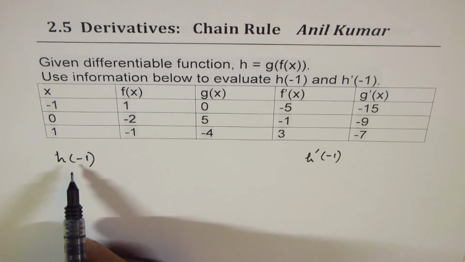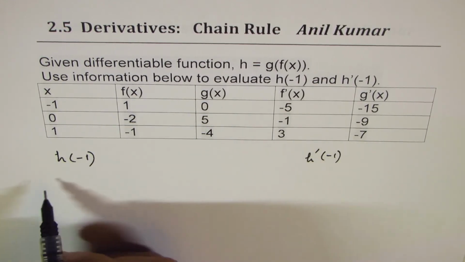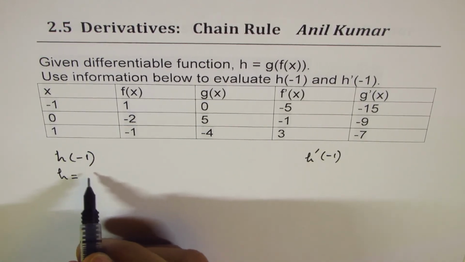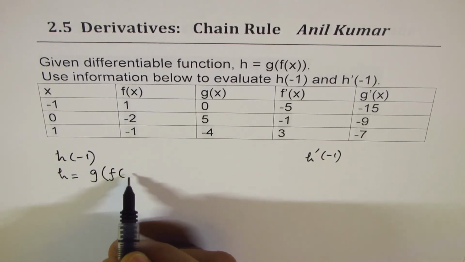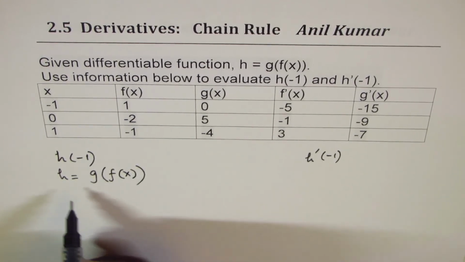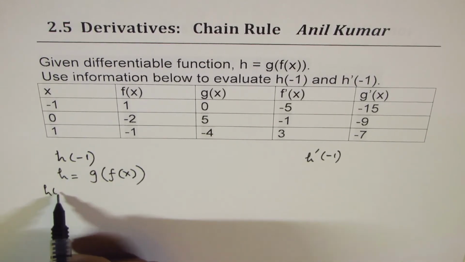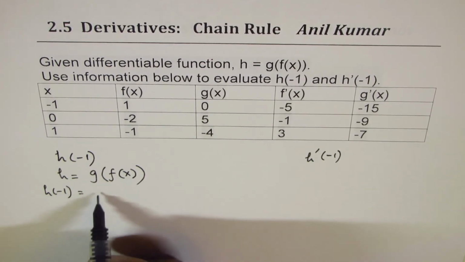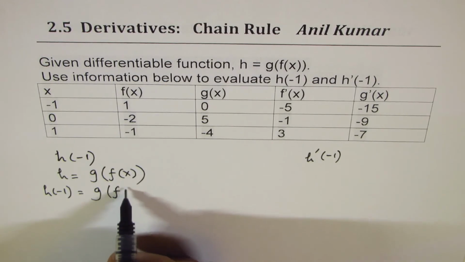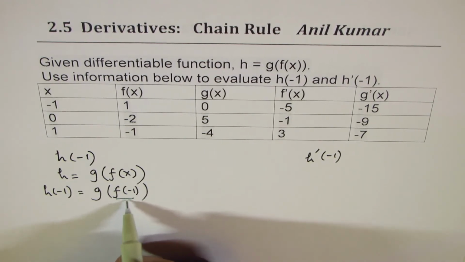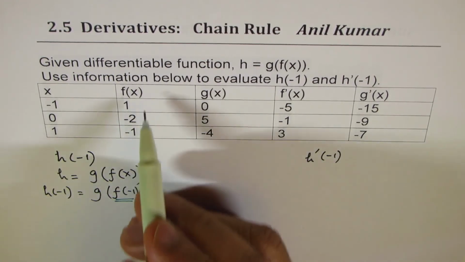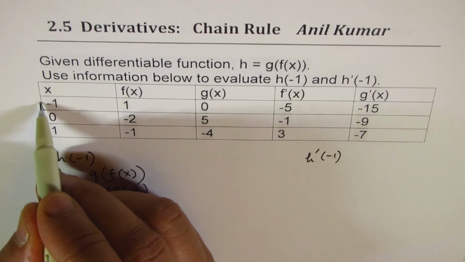So the first one here is, we know that h is g of f of x. Now since we want h of minus 1, we'll substitute minus 1. So we have g of f of minus 1. Perfect. Now what is f of minus 1? Means the value of function f at minus 1. So we're looking for this.